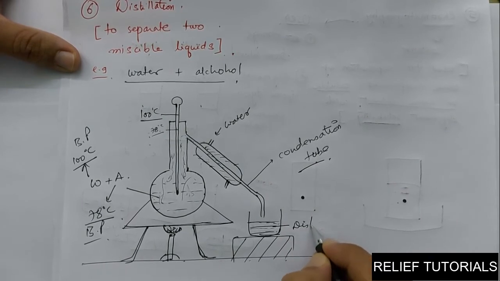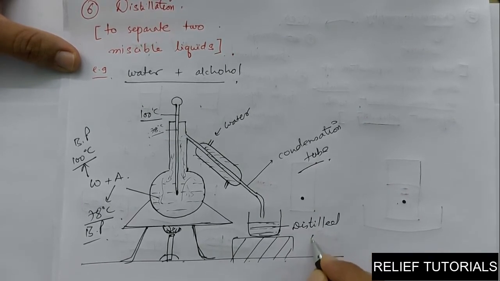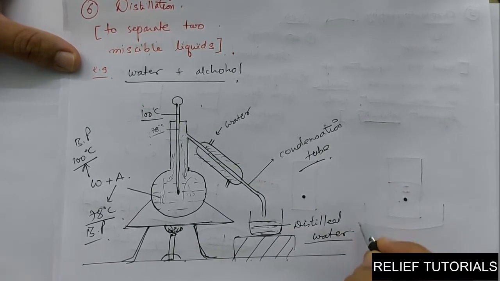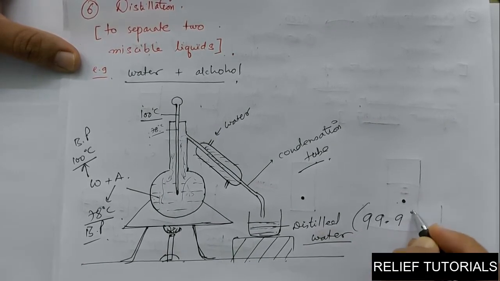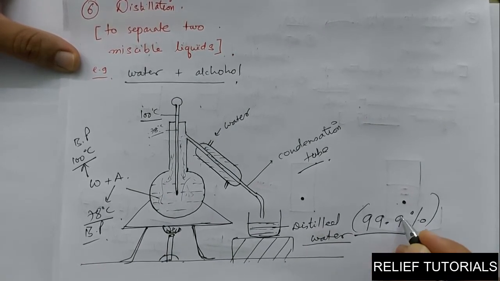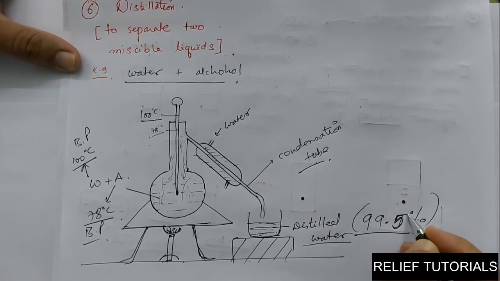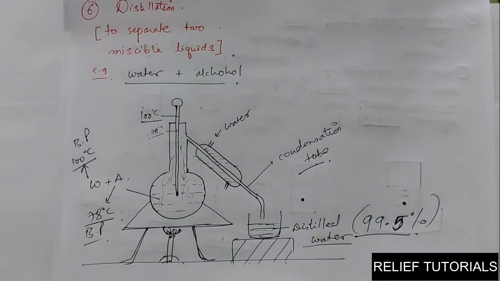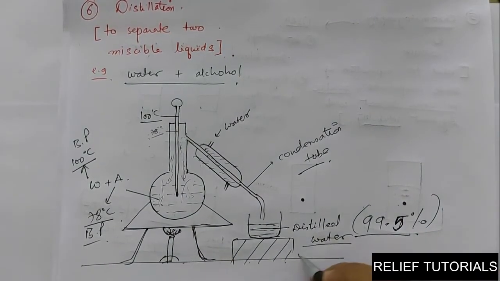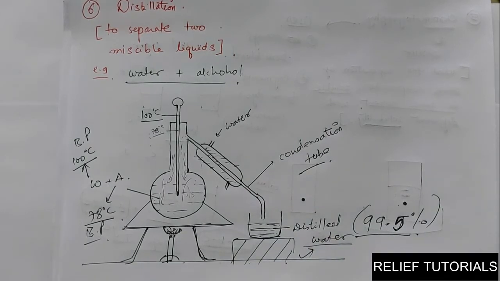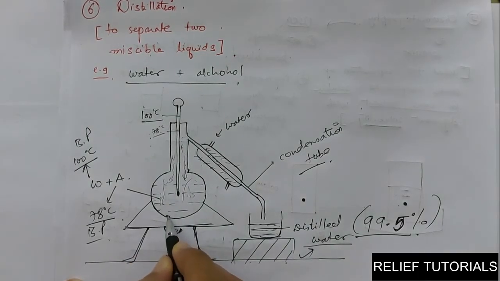This water which is collected here is called distilled water, and the purity of distilled water is 99.5%. So at the end of the process, some impurities may be left here, that is the impurity.